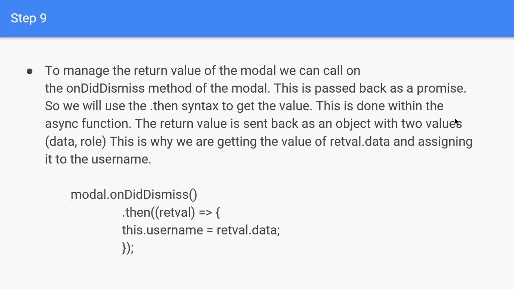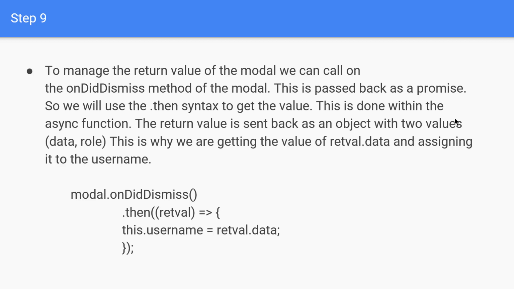To manage the return value of the modal, we can call on the onDidDismiss method of the modal. This is passed back as a promise, and we will use its .then syntax to get the value. A promise is another form of an asynchronous call that returns a single value. The return value is sent back as an object with two values, the data and its role.